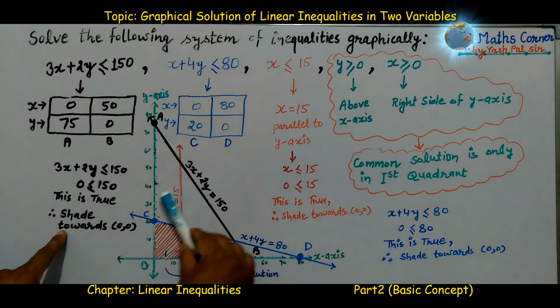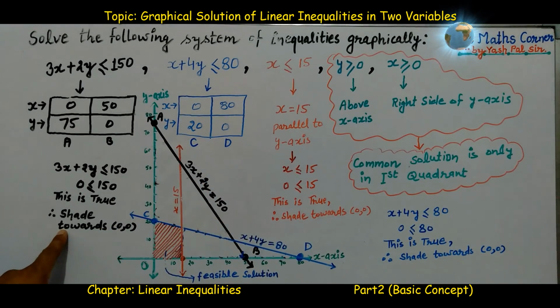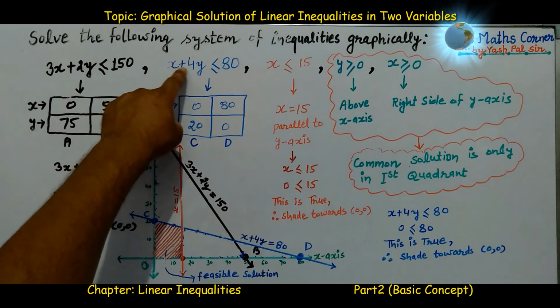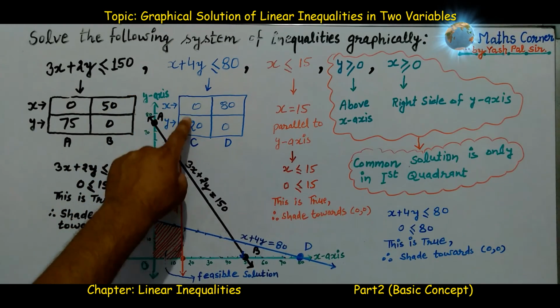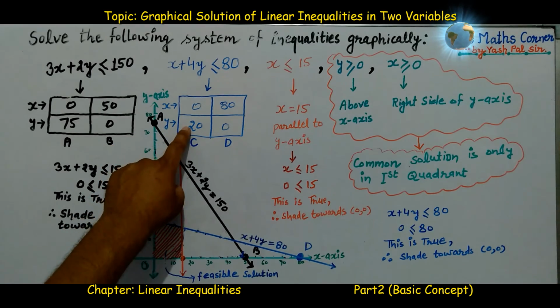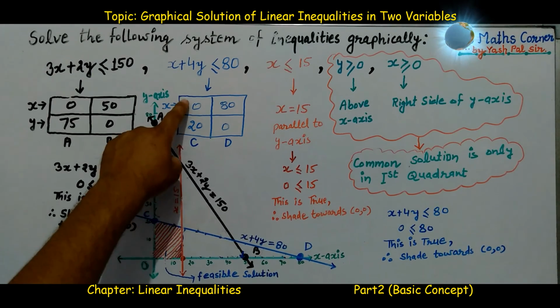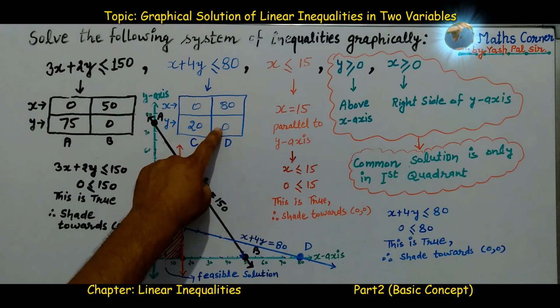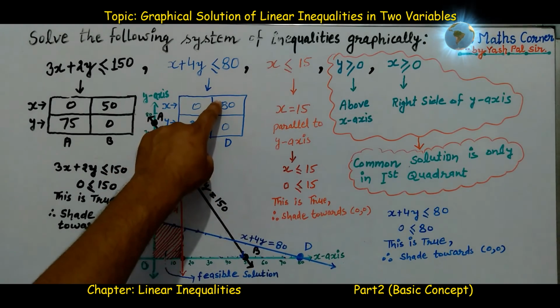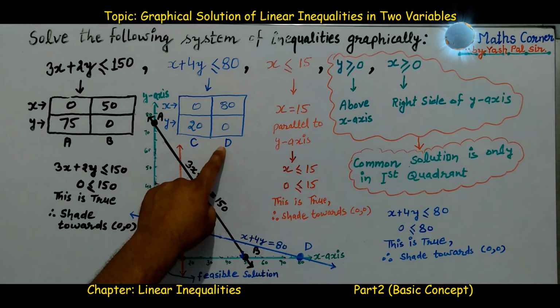Second inequality, x + 4y less than or equal to 80. First of all in the box we take x = 0. This gives us y = 20. So point C is (0, 20). Next we take y = 0, so this gives us x = 80. So point D becomes (80, 0).